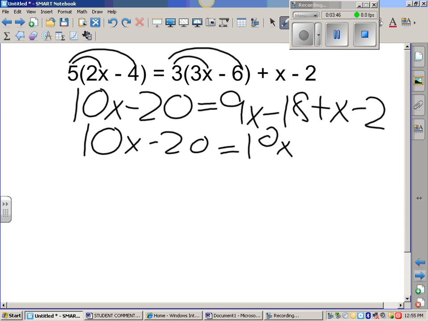You combine x and 9x. Nice. Get 10x. Then you combine negative 18 minus 2, which equals negative 20. And then you add 20.